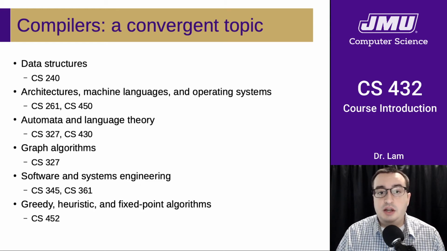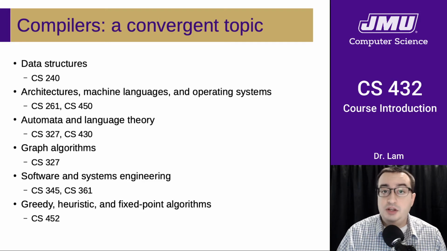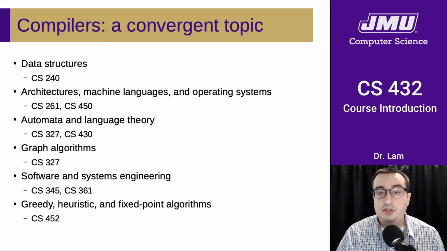So if you've taken the 430 class, you'll have a leg up when we get to those topics. And then we'll be looking at some graph algorithms, which you may have seen in 327. We will be touching on a lot of software and systems engineering topics, which you hopefully have seen in 345 and 361. And we will also be examining a couple of algorithms that fit the kind of paradigms that you've studied if you've taken CS452.